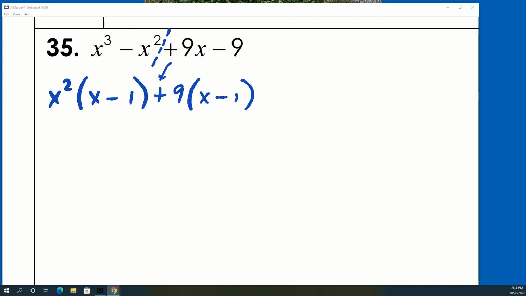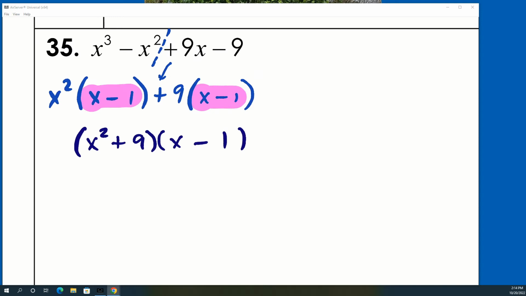Does it not look like it should be a 9? All right, and then these are the same, which is good. That's what we needed. So we can go ahead and do our 2 parentheses. What we factored out goes into one group, and then what was left over goes to the other group.